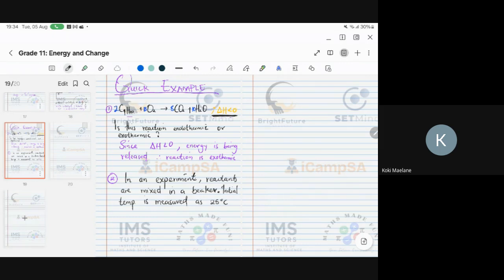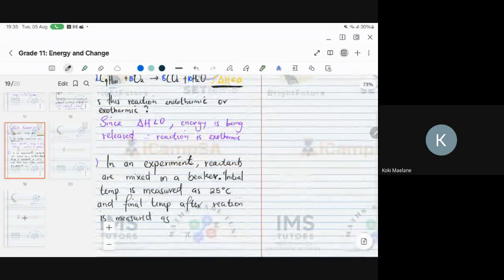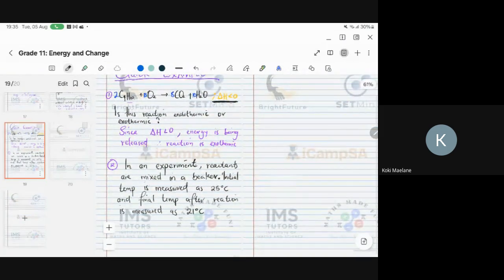And the final temperature after reaction is measured to be, let's say, 21 degrees Celsius, right? What type of reaction is this?